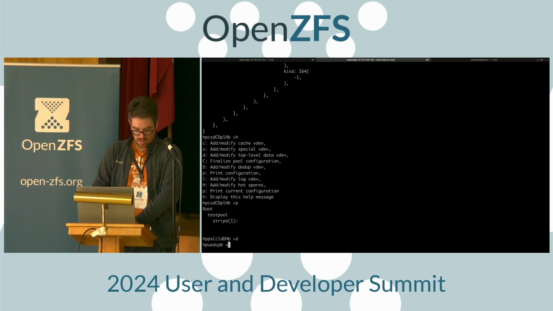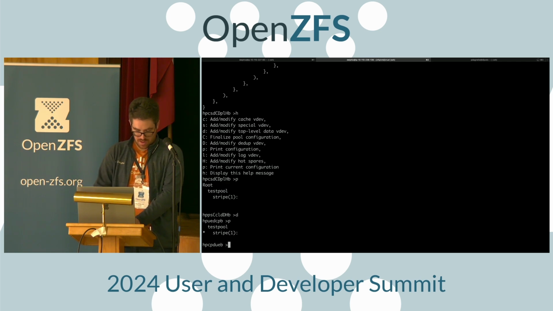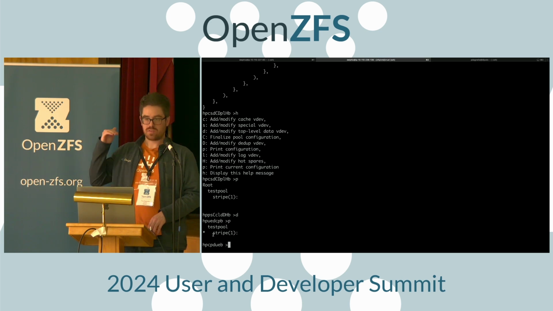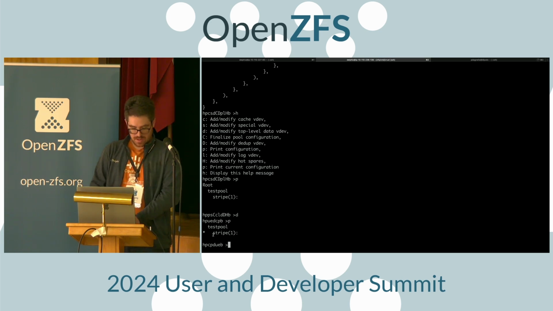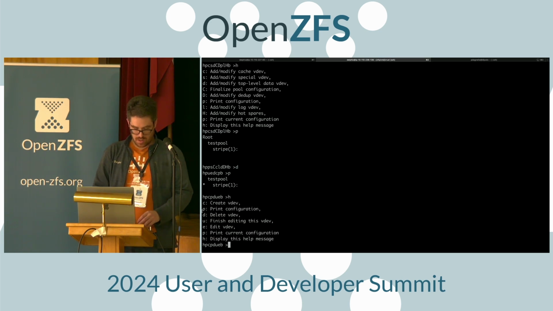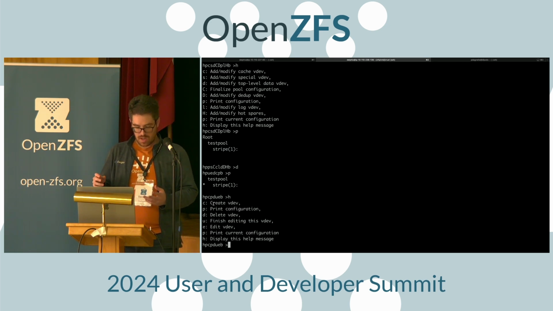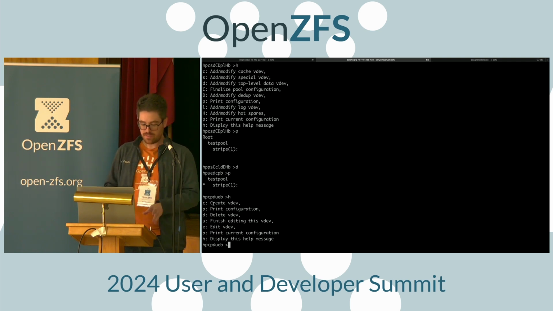And then we can navigate in using the REPL. Now we are modifying the top level stripe device. From here, you can create underlying VDEVs, print the whole configuration again, finish editing, edit the child VDEVs, and all that kind of stuff.